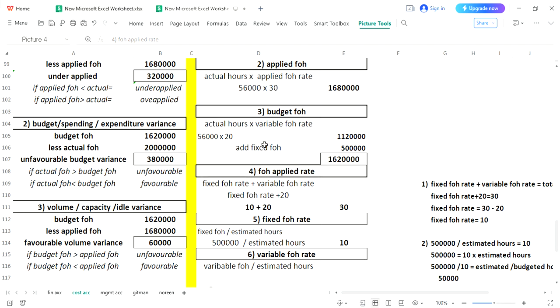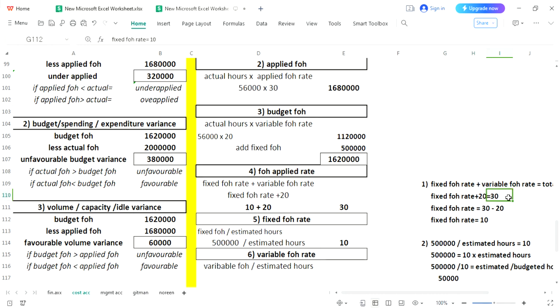So FH applied rate twist was rates were given in the book with the help of which we have first time calculated our estimated hours. This was your twist number 2, and twist number 1 was rates were already given but partial rates were present. So with the help of this, the missing rate we have calculated, that was fixed FH rate.